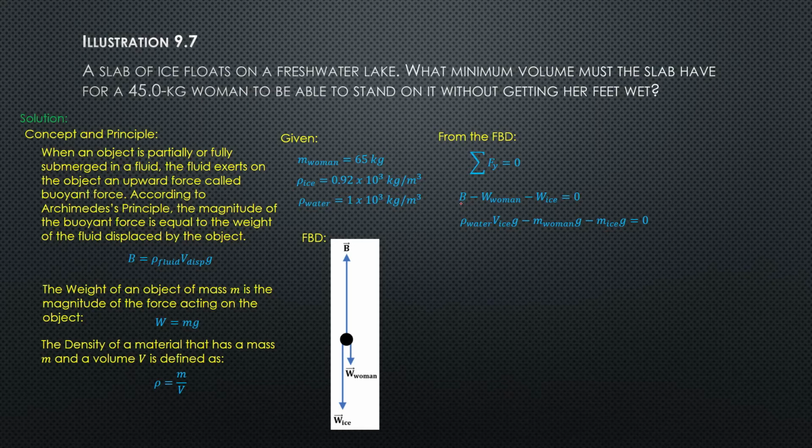So buoyant force, from our formula, is the density of the fluid multiplied by the volume displaced and acceleration due to gravity. So the density of the water, the fluid, times the volume displaced by the ice, times acceleration due to gravity, minus the weight of the woman, which is her mass multiplied by acceleration due to gravity, minus the weight of the ice, which is the mass of the ice multiplied by acceleration due to gravity.